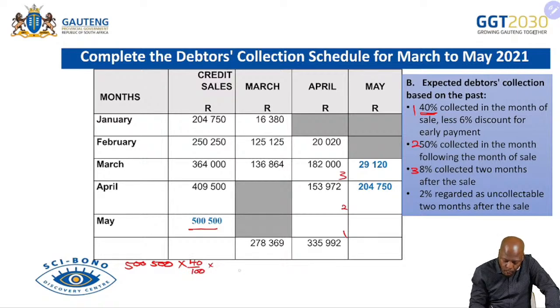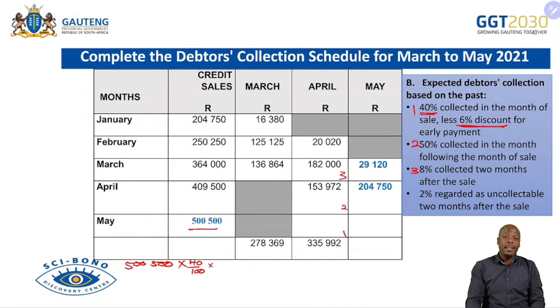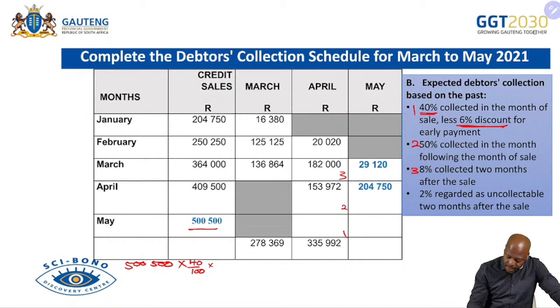But I'll also be getting 94% because I'm giving 6% discount. What that means is you are not getting the whole 100%, but you're allowing your debtors discount. So I'm also going to get 94% there. So I'm going to say multiply by 94 over 100.